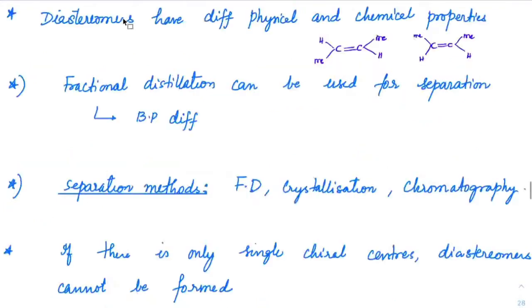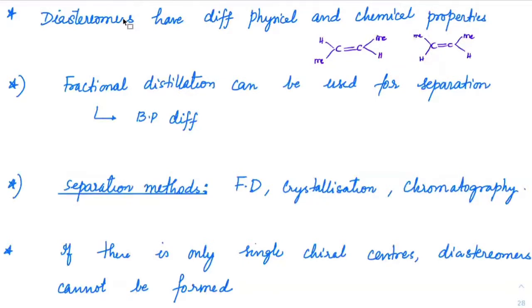Correct? Now, if you recall the separation methods which we learned earlier, if there is any difference in the boiling point between two molecules, we can separate them from a mixture, right? If the boiling point difference is at least up to 30 units, we can use fractional distillation. So using fractional distillation, we can separate them because this cis and trans may have different boiling points.